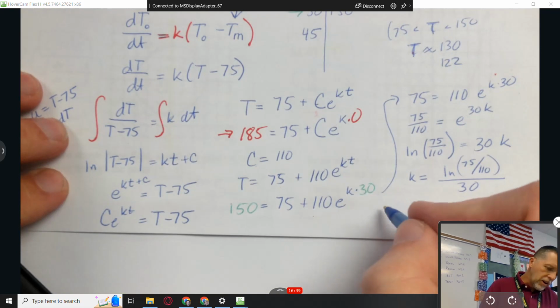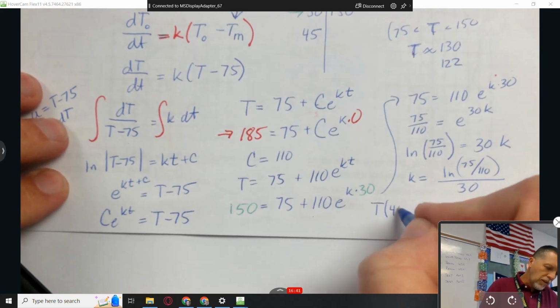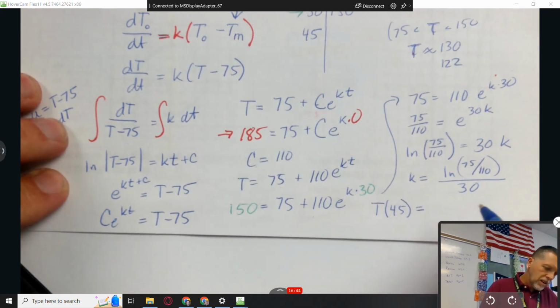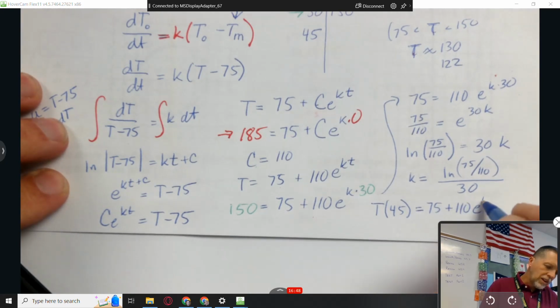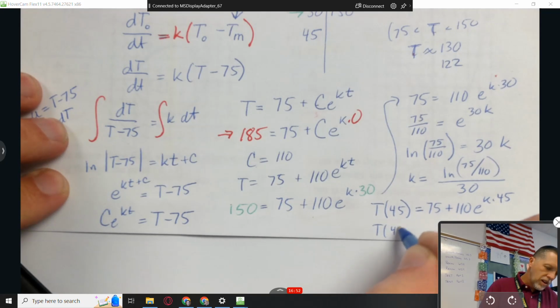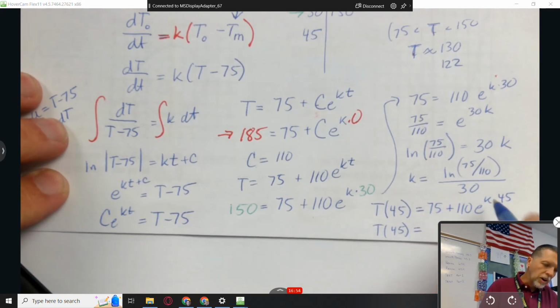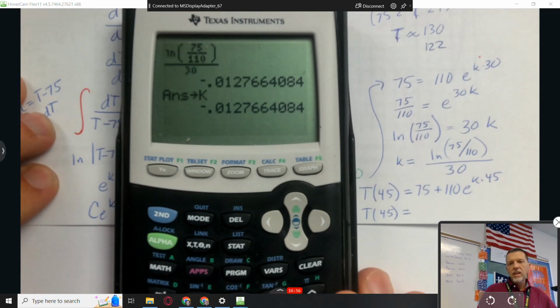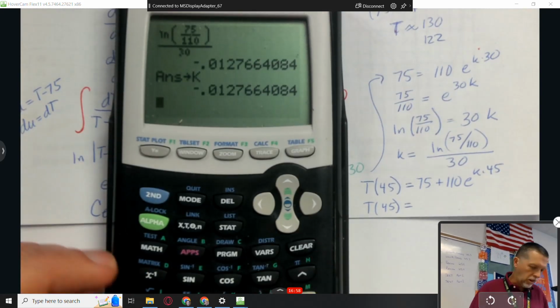And then I want the temperature at 45 minutes. 75 plus 110 e to the K times 45. And again, I know what K is, so I'm just plugging things into the calculator.